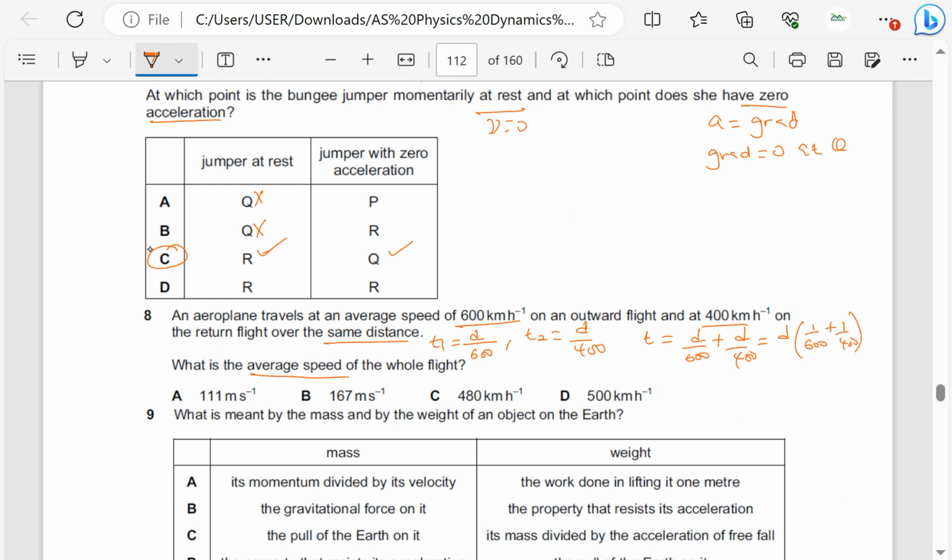That is the total time. Now, what is the average speed of the whole flight?